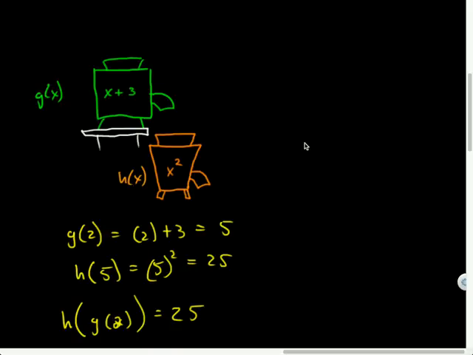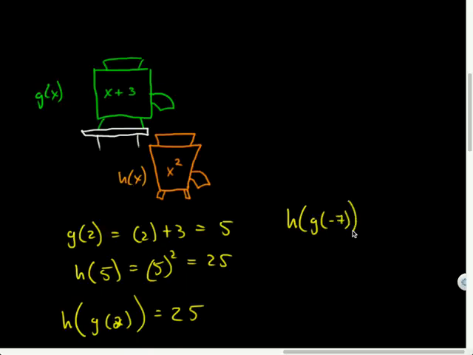So yeah, let's try plugging in something else. What if I plug in, I don't know, -7? What pops out of the +3 machine? Oh, whoops, I did the bottom. So -4. And then -4 squared is 16, right? So to phrase that question, I'm asking, what is h of g of -7?